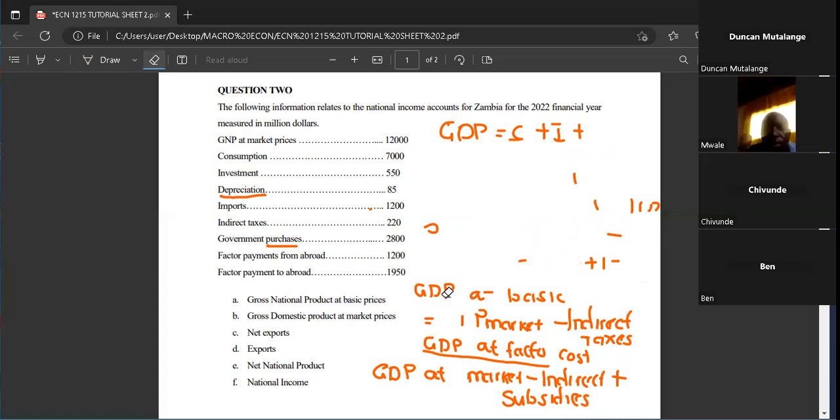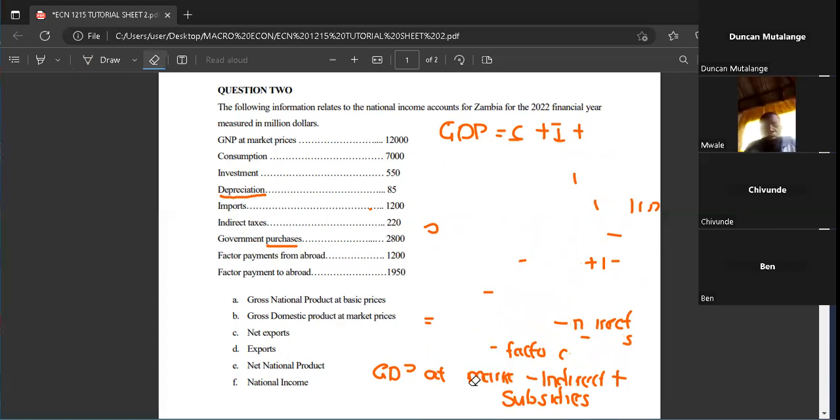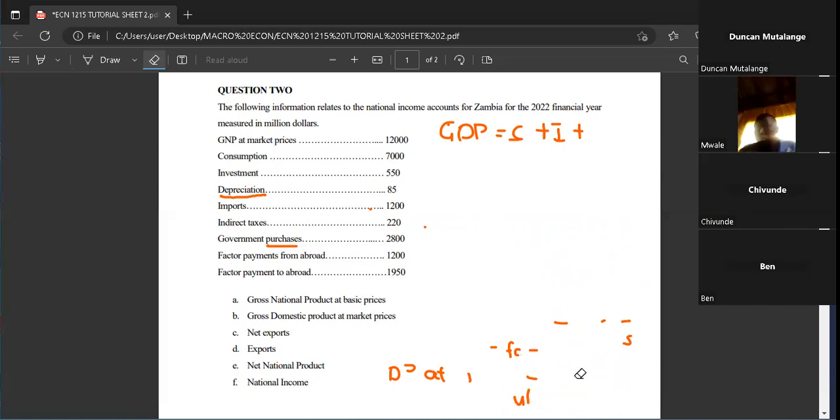So let me just erase this. Now you should know that there's a relationship between GNP and GDP, which you should have answered on question 1. Let me just completely remove this. Please, if you have a question, you can just unmute your mic, then you'll get to ask me.